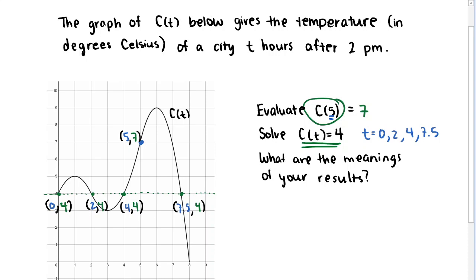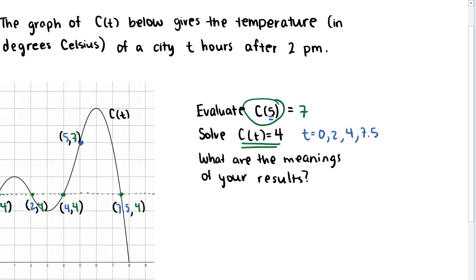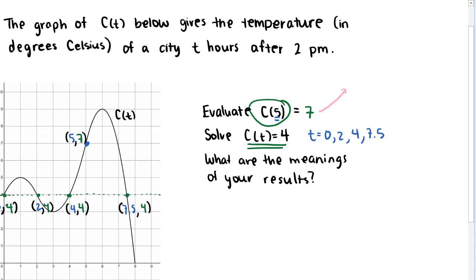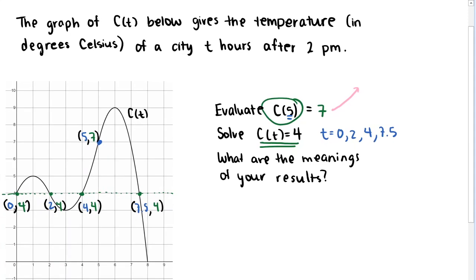And so what do these results mean? This first result: this input represents the time, the number of hours after 2 p.m. So an input of 5 here represents the time 7 o'clock. This is saying at 7 p.m. we got an output of 7.